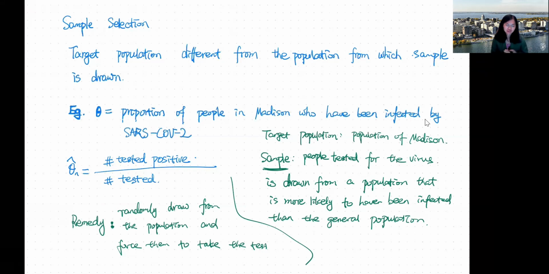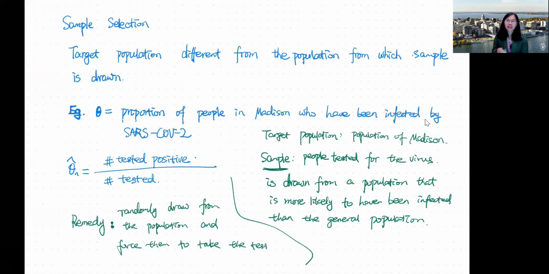For example, when hospitals do routine surgery during the pandemic that is not related to COVID-19 at all, whenever they admit someone to the hospital to do a surgery that's not related to COVID-19, they require the patient to take the COVID-19 test. So the people who go to a hospital to do a surgery are not a random sample from the population either.